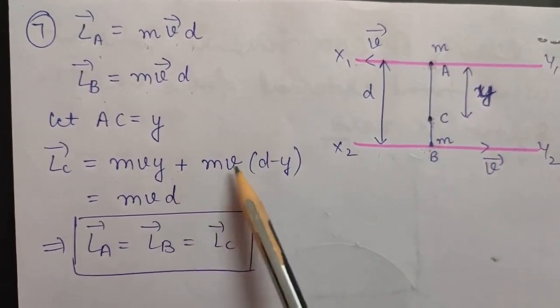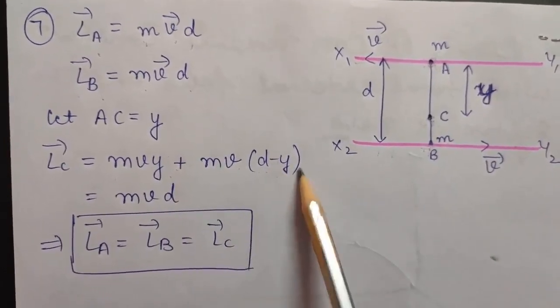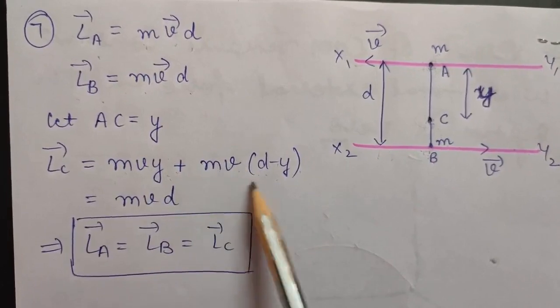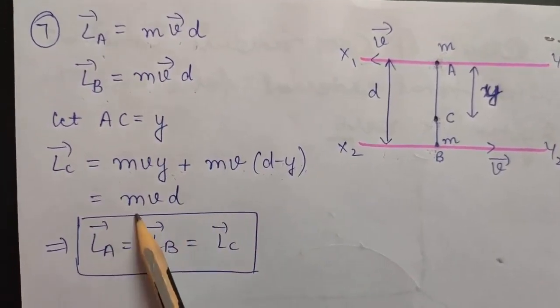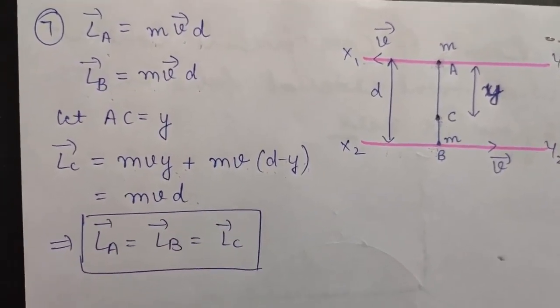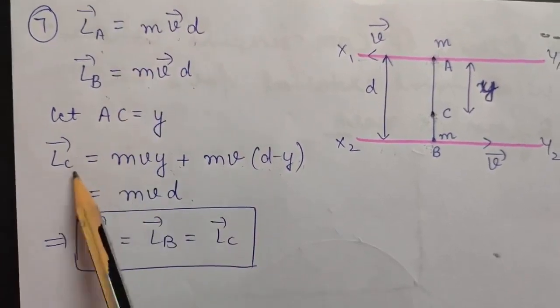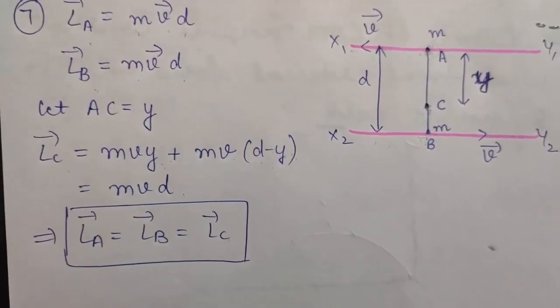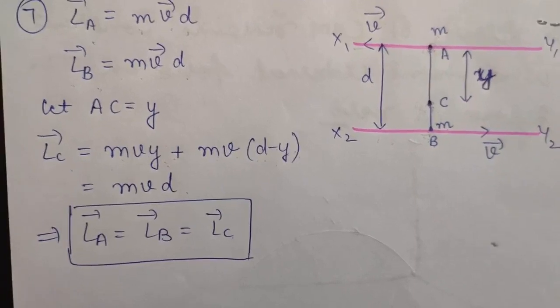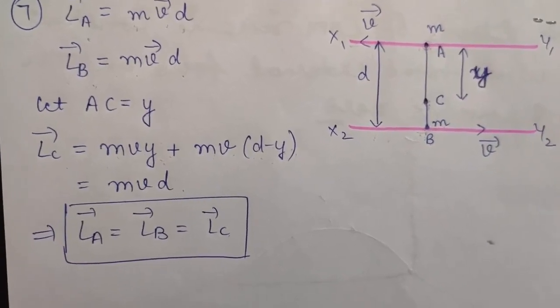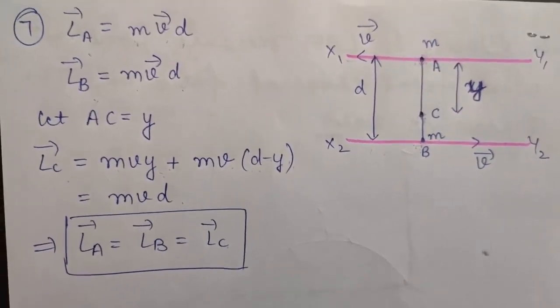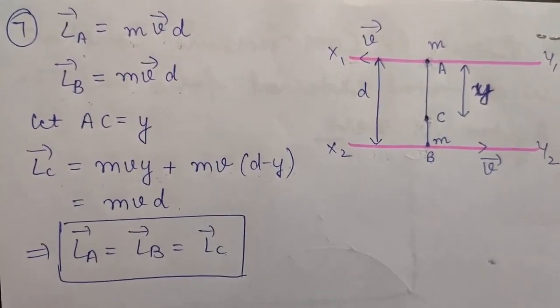So plus mvr, that is mv(d minus y). mvy and minus mvy will cancel out. So you will be left with mvd again. So as you can see, LA, LB and LC all are equal. That means for this two particle system, the angular momentum is same wherever point you can take to calculate the angular momentum. Okay.